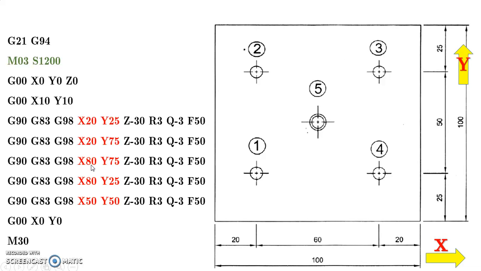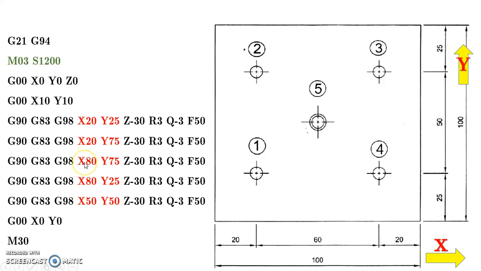Children, you need to remember here, you never define the movement of the tool going in and coming up every time. That's why we are following the code G98. It will follow the cycle. Once after reaching the deep drill, it will come to the home position or safest position. That's why we are putting the value Q minus 3.